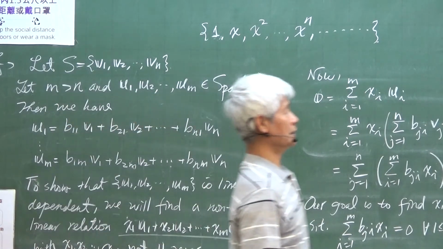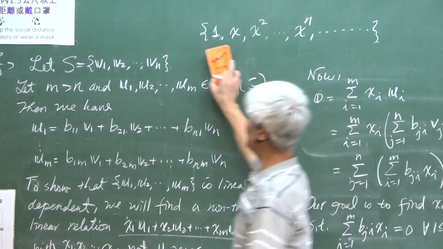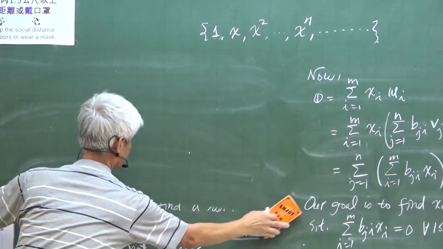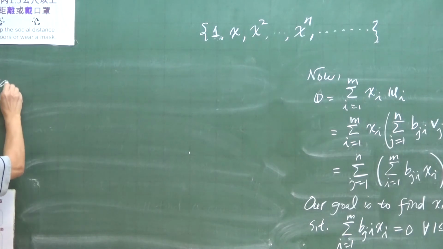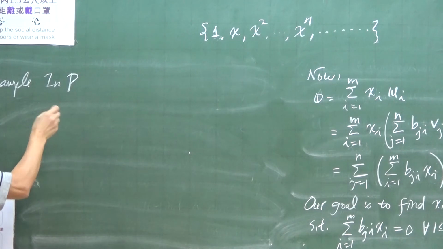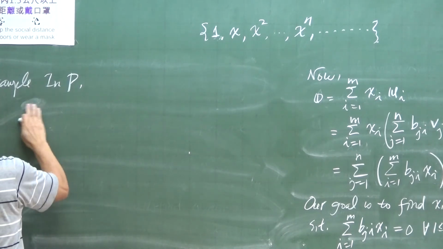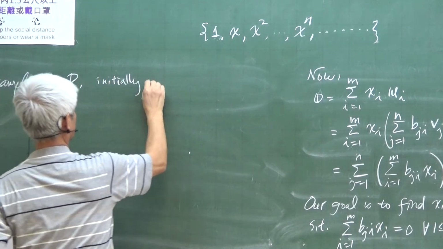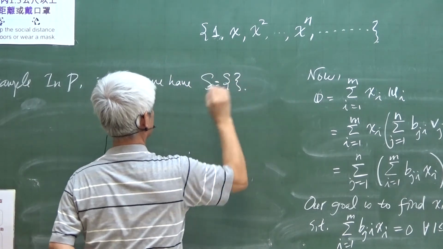Maybe I make an example before I prove the theorem. For example, in P, initially we have S equal to the empty set.